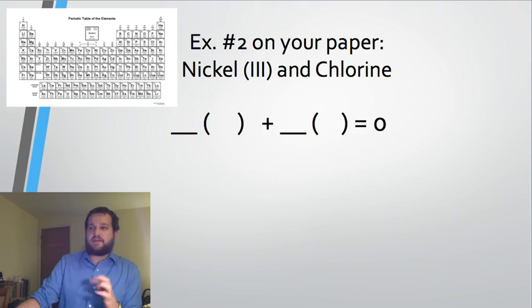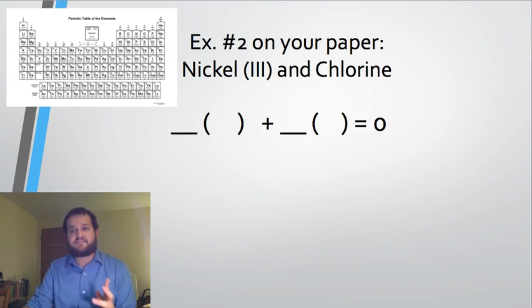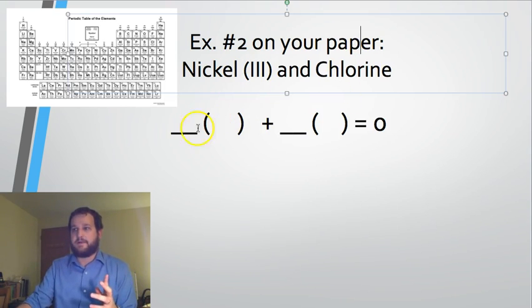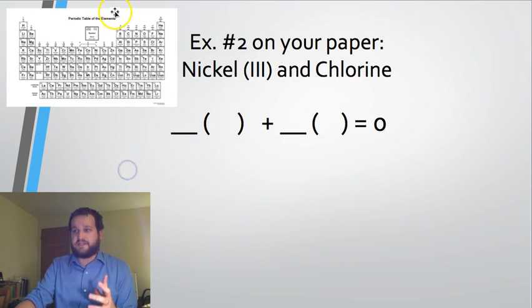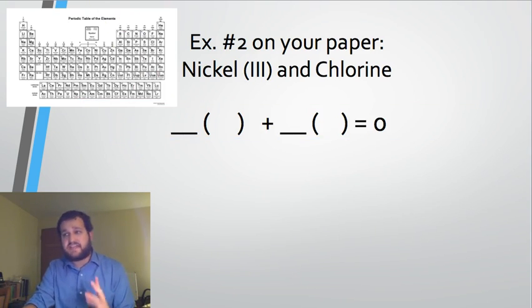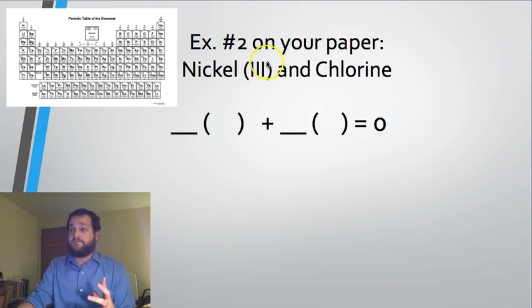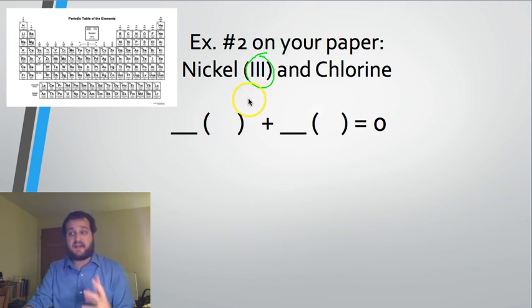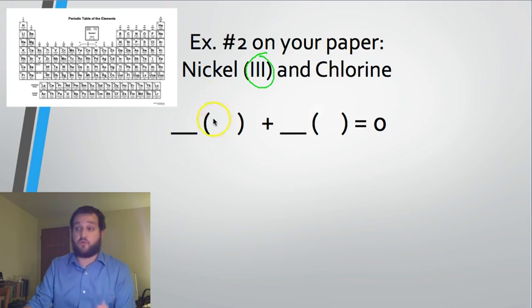Okay, now in this problem you're given some more information than you think. This nickel(III) is actually telling you the oxidation state of that nickel. Okay, this here in the parentheses is the oxidation state. And this is why I keep the stock system the way it is.